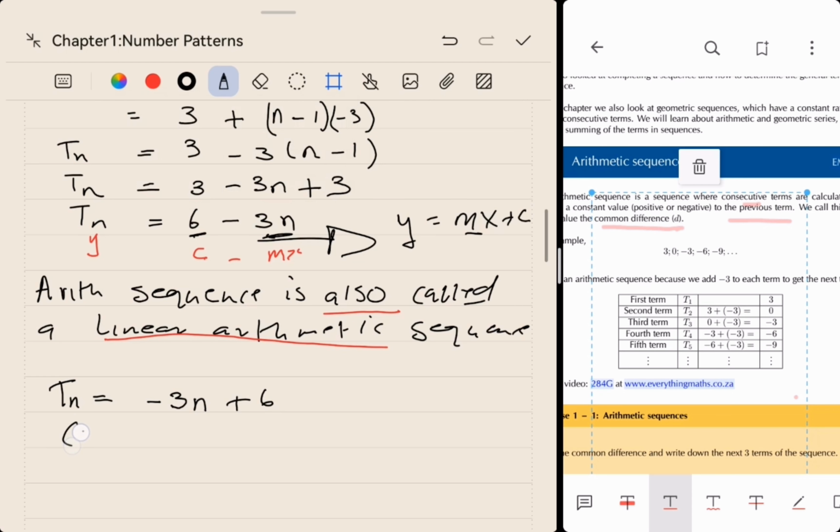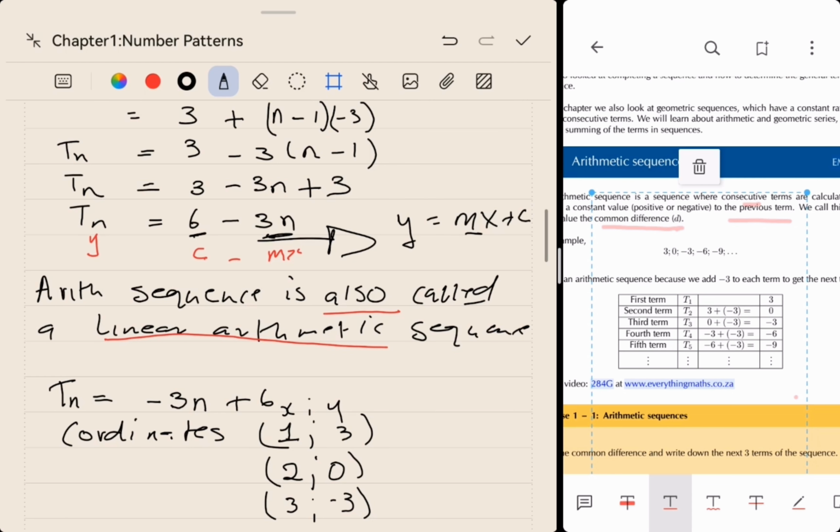So your coordinates will look like this. Tn, which is position 1: when you put 1 for x, you are getting 3 out. If you put 2 there, you are getting 0 for y. That's your x and y. You are getting minus 3 for 3, and so on.